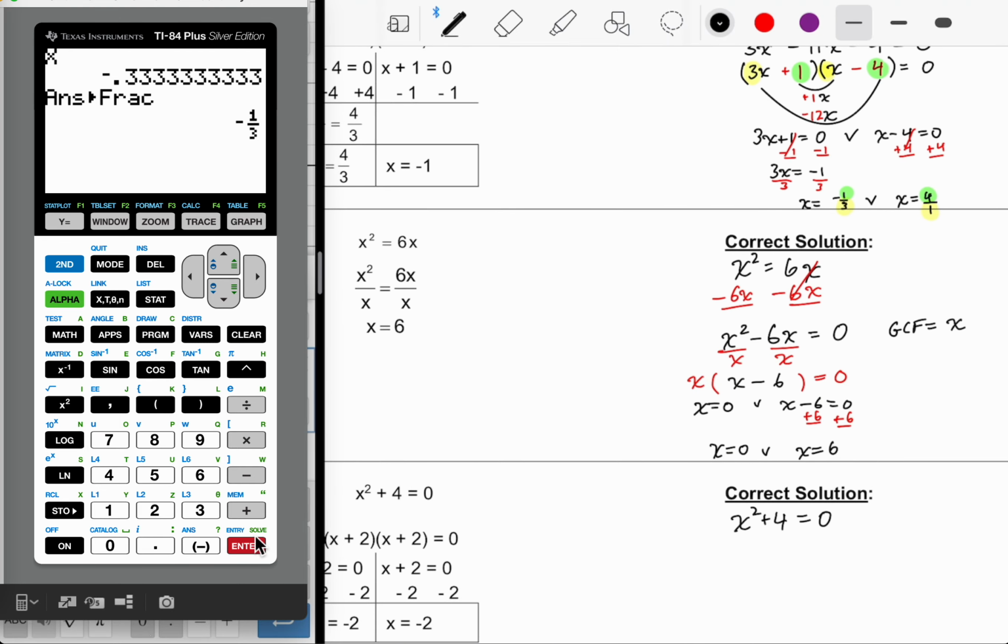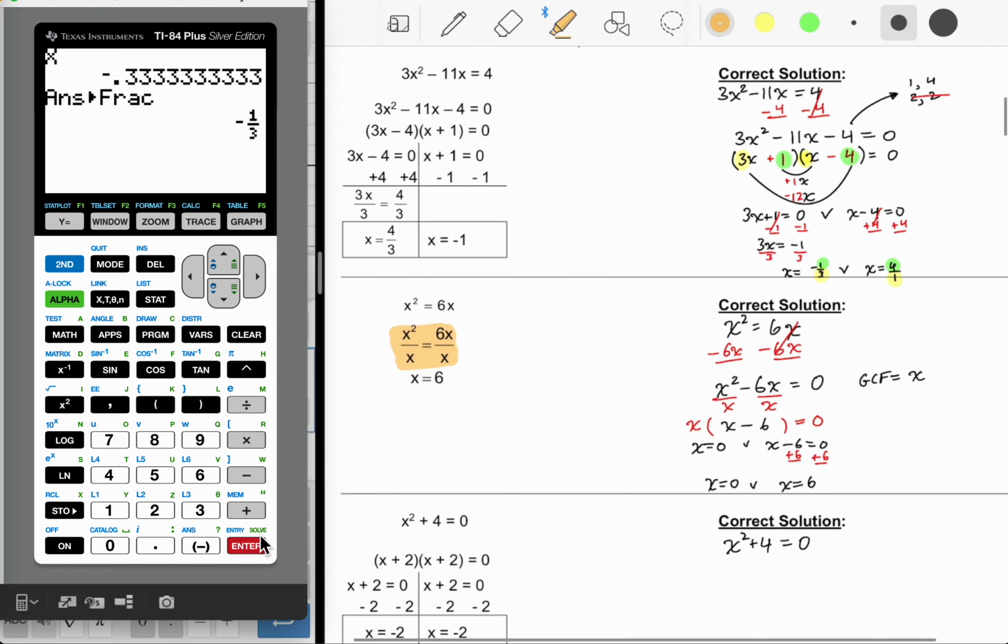Aside from the fact that they only got half of the answer, it's x equals 6 or x equals 0. They just came up with the 6, but basically, they didn't follow the zero product property. It happened in this step. The choice to divide everything by x was incorrect. They needed to subtract the 6x from both sides.